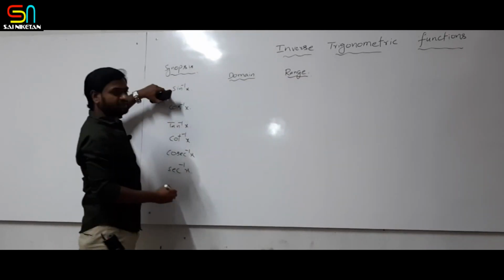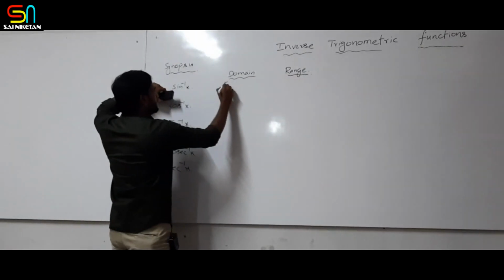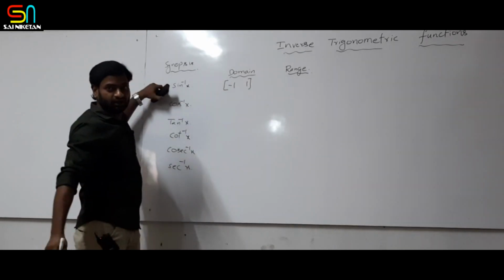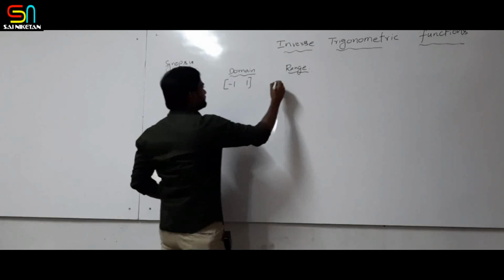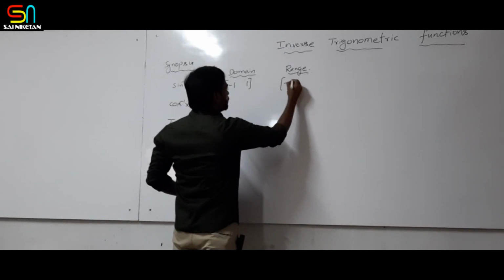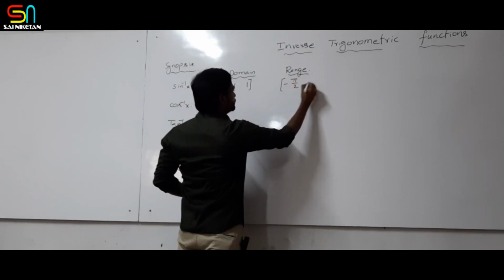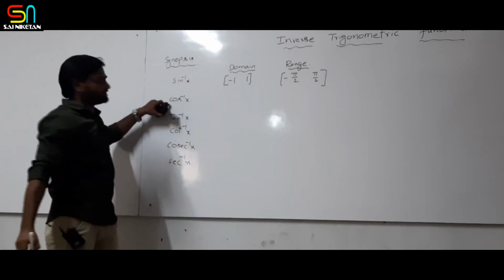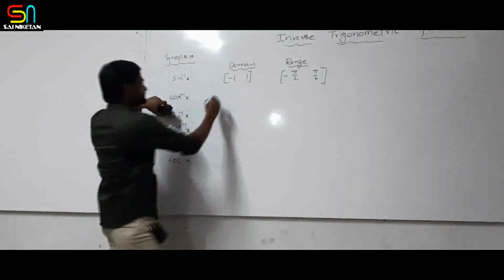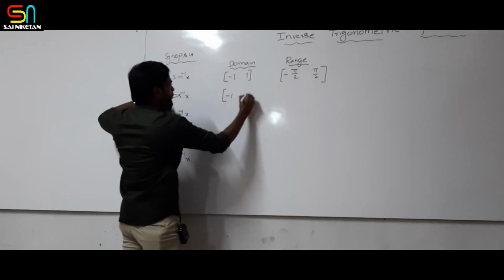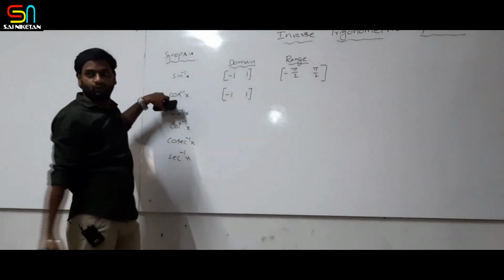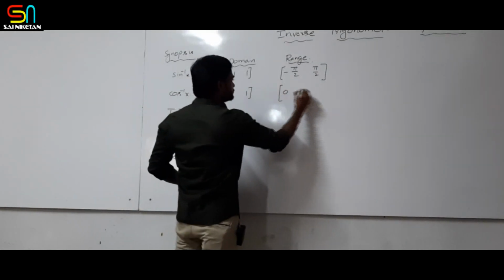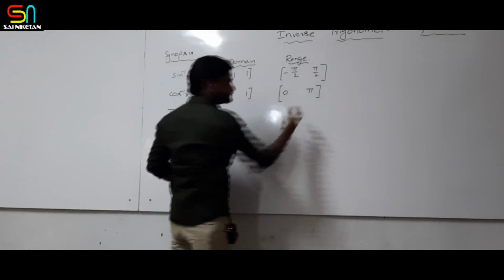The domain of the sine inverse x function is minus 1 to 1, which is a closed interval, and the range of the sine inverse x function is the closed interval of minus pi by 2 to pi by 2. In the same way, cos inverse x has domain minus 1 to 1, a closed interval, and range the closed interval of 0 to pi.